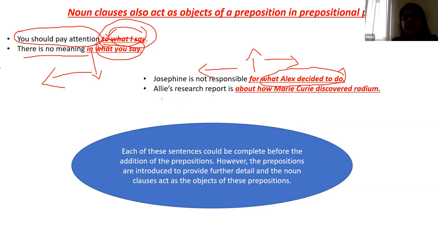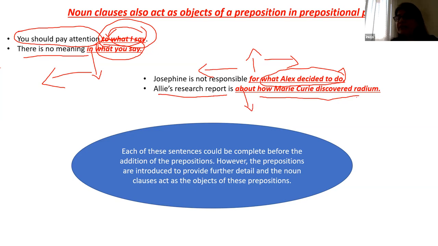Next, similarly, Ali's research report is about how Marie Curie discovered radium. Now let us see, how Marie Curie discovered radium, this is your noun clause. Here, about is your preposition.